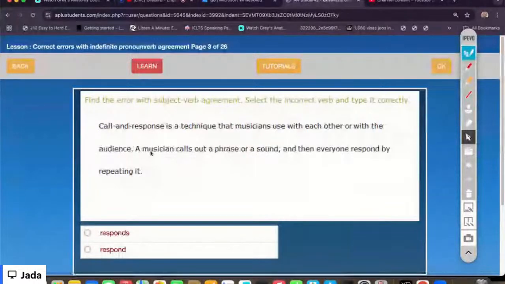Call and response is a technique that musicians use with each other or with the audience. A musician calls out a flow of sound and then everyone responds by repeating it. So response or respond, which of them?